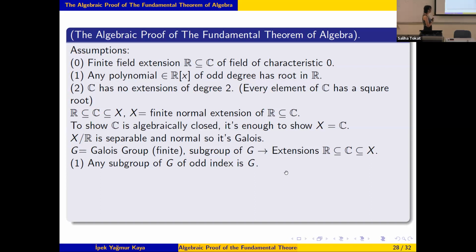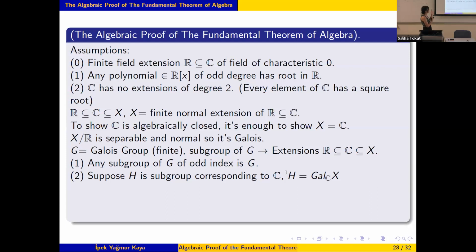So we can say that any subgroup of G of odd index is just G. Note that the degree of the extension over R is actually the index of the corresponding subgroup, not the order of the subgroup.